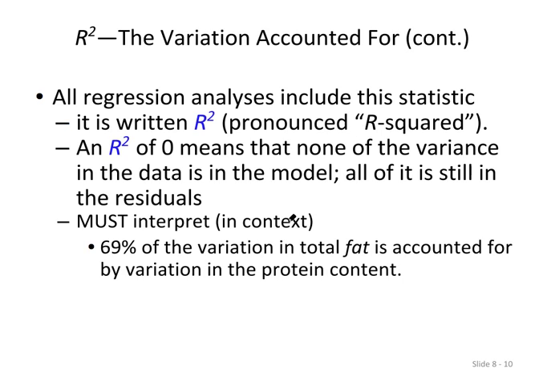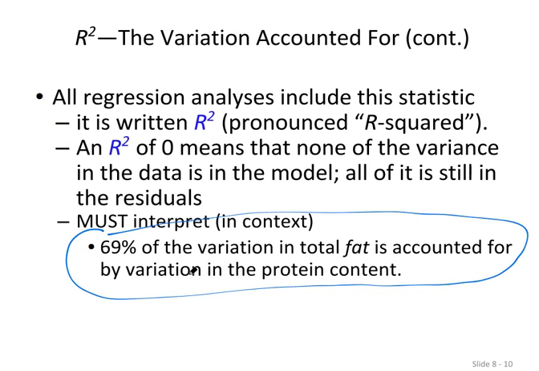Okay, so here again R squared. This is what needs to be in your notes right here. 69% of the variation in the total fat, notice it's in context of the problem, is accounted for by the variation in the protein content. So this is your Y value. This is your X value.